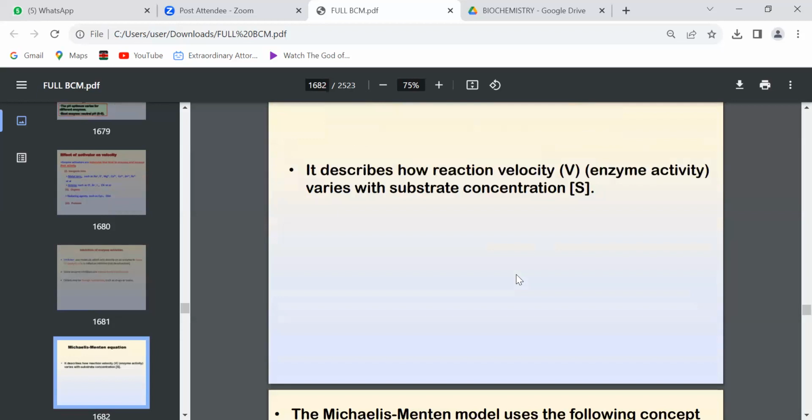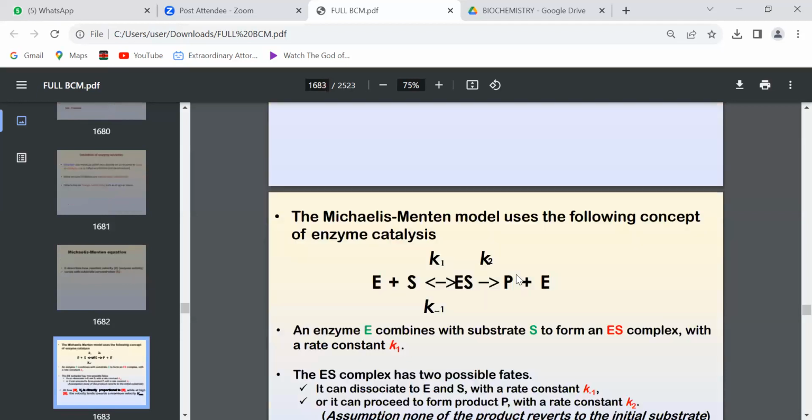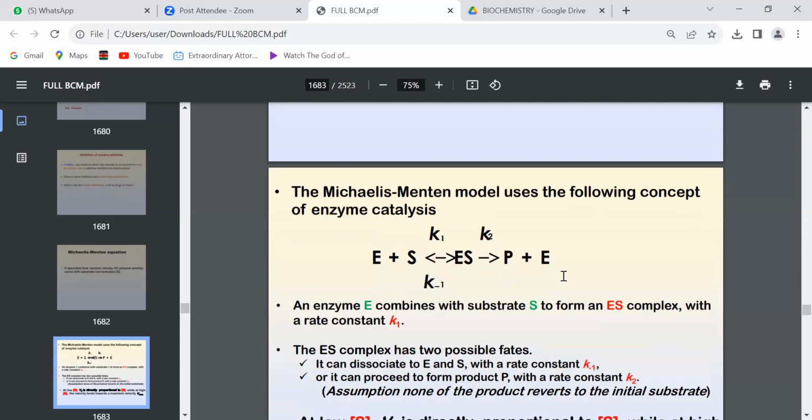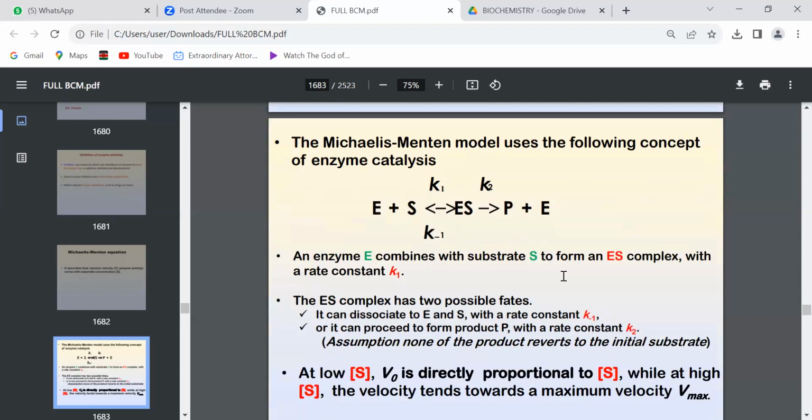So this is basically what happens. An enzyme reacts with a substrate to form the enzyme-substrate complex, which can then proceed to form the product and the enzyme, or the complex can dissociate back to form the enzyme and the substrate. And then we have the reaction constants there.